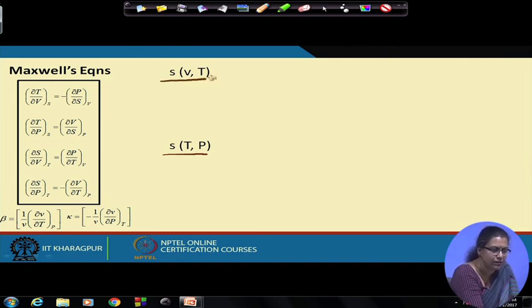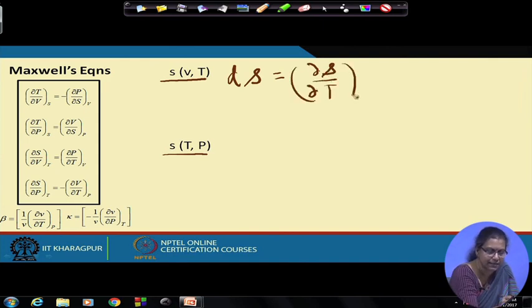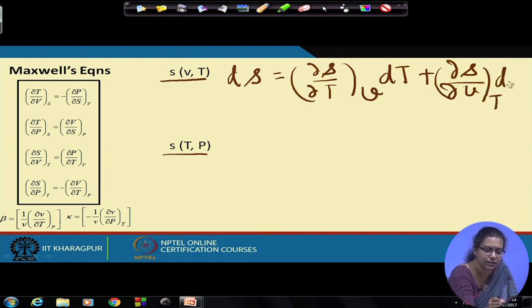In order to derive this in terms of volume and temperature, we just need to write ds as a function of temperature and volume. So this is del S del T at constant V dT plus del S del V at constant T dV.